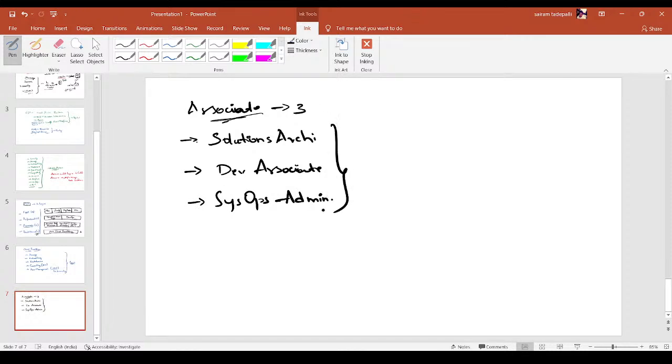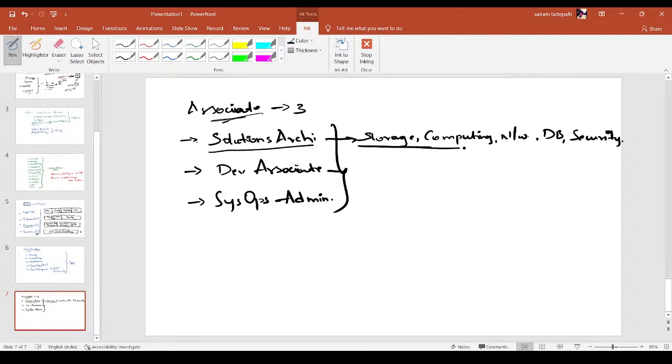In these three, the first one is individual, because it has its own professional certification program. Again you will be having storage and computing, networking, the same concepts will be repeated. Databases and security, some basic level security things will be explained, and some concepts like storage, computing, networking will also be available in developer associate. So same as the solutions architect associate, some parts will be the same.